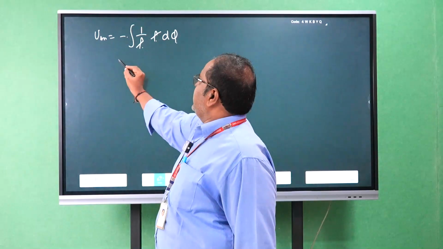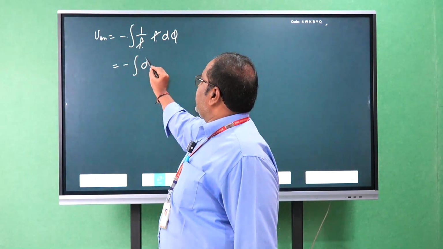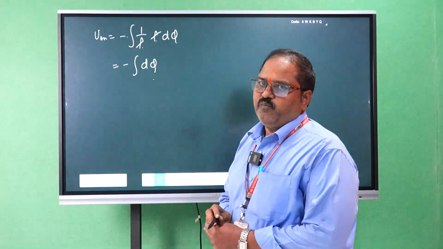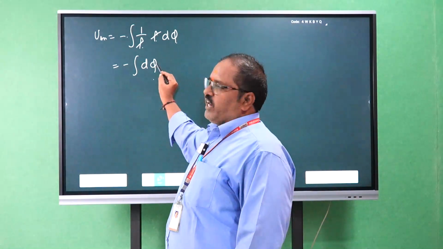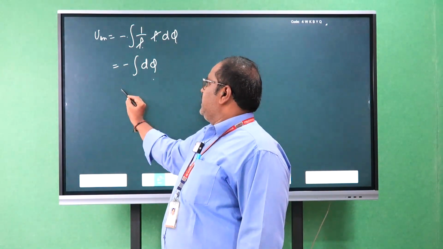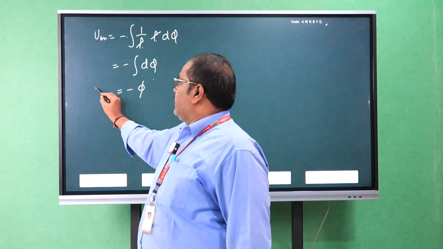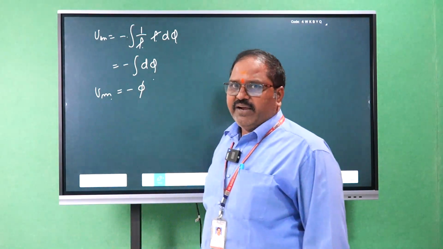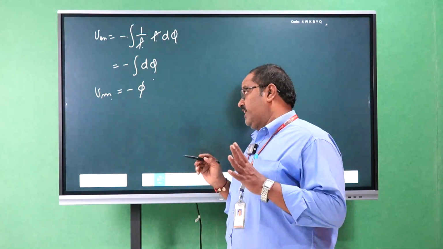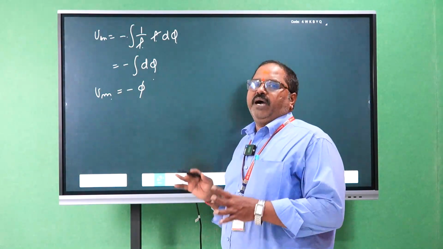Therefore, rho cancels. Minus integral d phi; the integral and differential cancel. Therefore, minus phi. The scalar magnetic potential Vm is equal to minus phi.